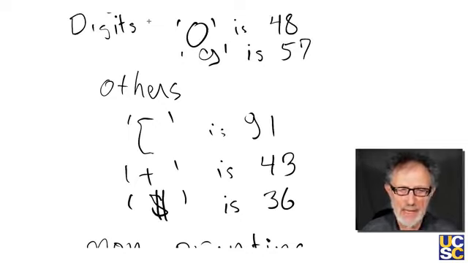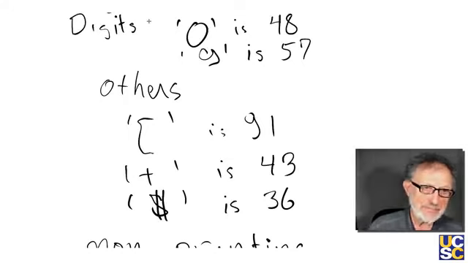But of course you can quote them, and then they will indeed also have this internal integer value. And one of the things about this is you can store these in a byte. So you can use 8 bits and store any of the ASCII values.